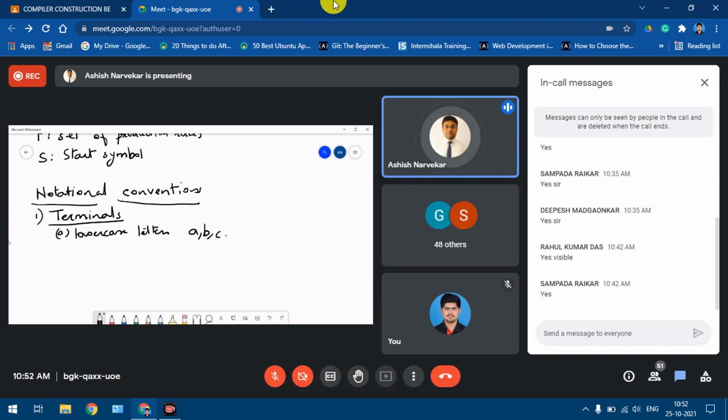I'm not saying that we are limited to only a, b, c, but it is the usual practice to use lowercase a, b, c. The other convention is operator symbols, or the different operators.